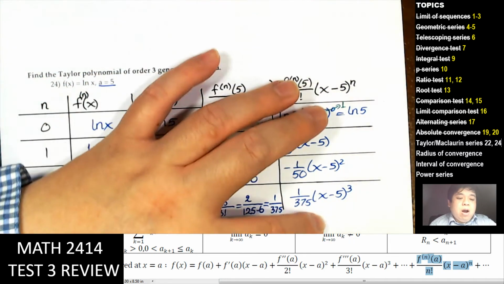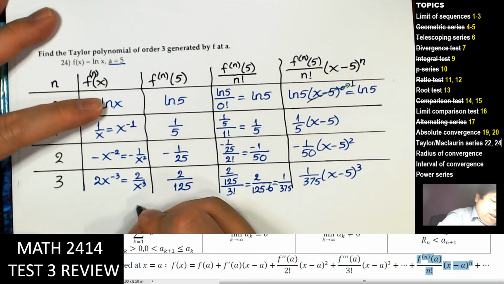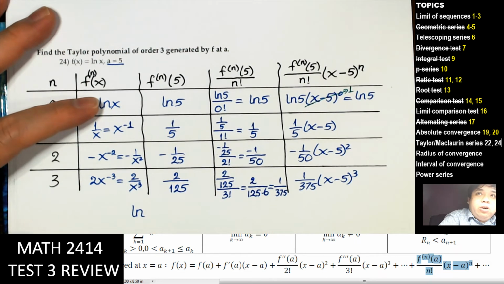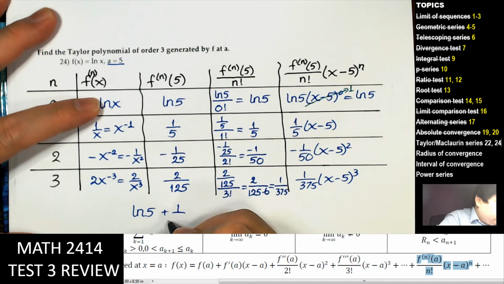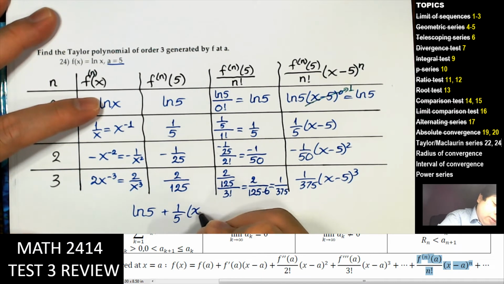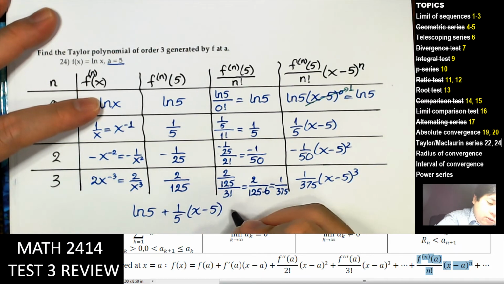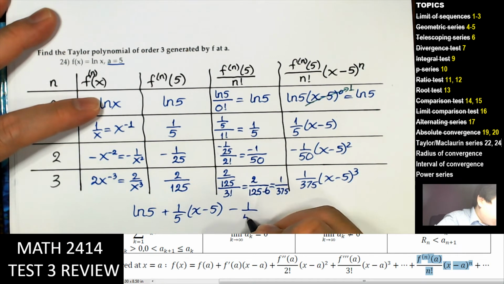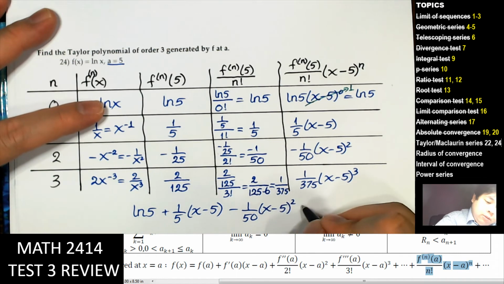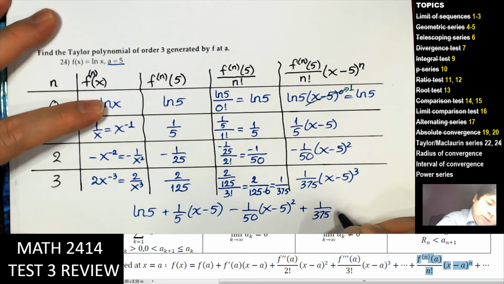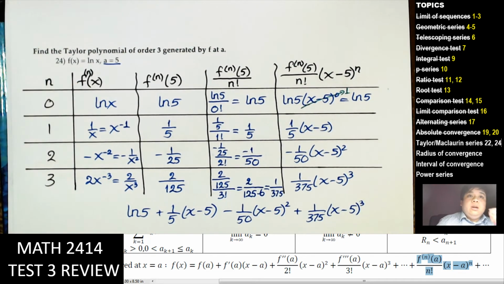Right, just combine all of this. We have the Taylor polynomial of degree 3. So that's the third degree polynomial.